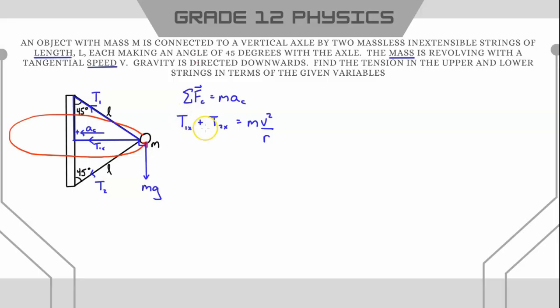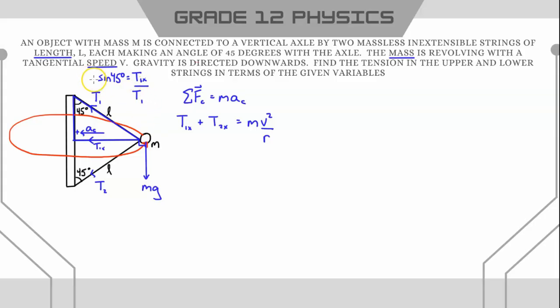Now we can put T1x and T2x in terms of tension and angle. So if we look at the angle, we can say the sine of 45 is equal to opposite, so T1x, over hypotenuse, so T1.